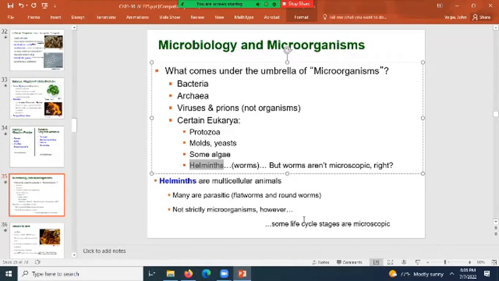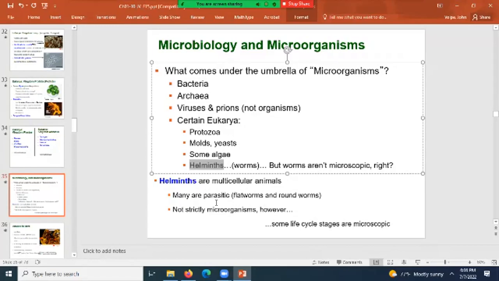You should realize that although we're going to talk about the parasitic worms, not all of the helminths, the worms, are parasitic. Most of the helminths are not parasitic. Most of them are free-living worms and do not cause disease.